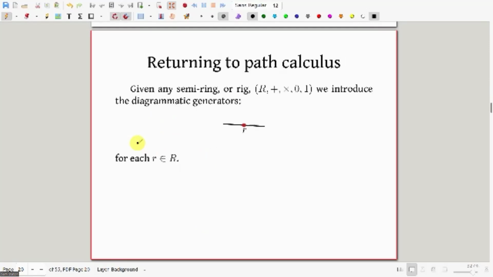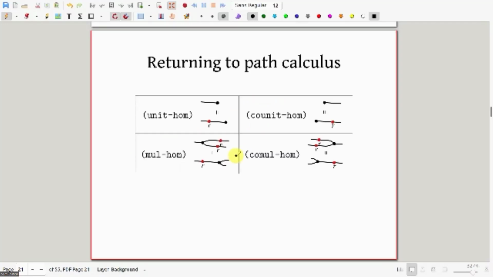So going back to the path calculus, Feynman would not quite agree with the way that I talked about Bross and Katz, because he was using complex numbers, and so maybe that's what we should do as well: try to use some ring, semi-ring or rig, and decorate our paths with elements from the semi-ring.